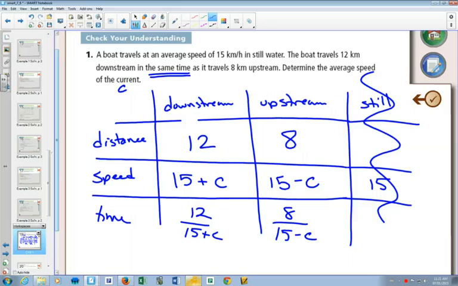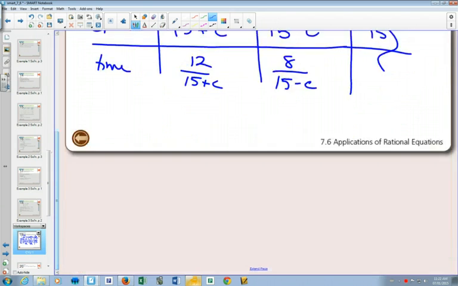Okay, so in that sentence it tells us that it takes the same amount of time. So that means these times are equal to the same thing, and if they're equal to the same thing, then we can set up our equation that this time, 12 over 15 plus C, has to equal this time.